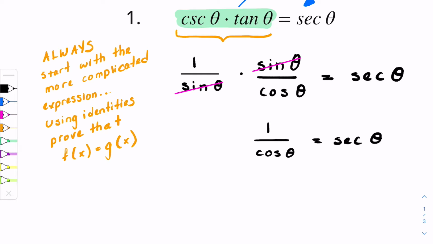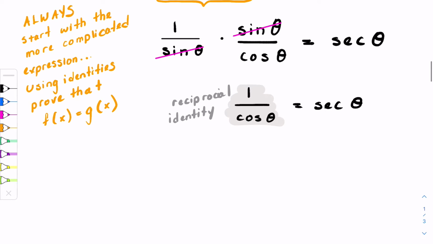And 1 over cosine is a reciprocal identity that we learned about last class. So this reciprocal identity, 1 over cosine, is equal to secant of theta.